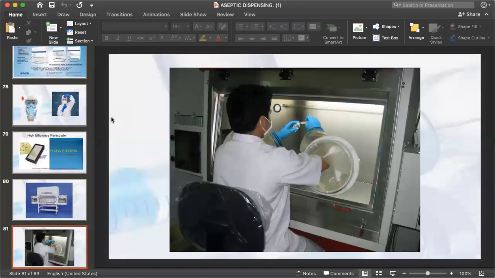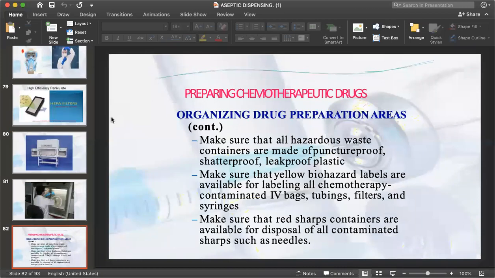See how aseptically the person is going to reconstitute the drug. They must follow these conditions. Further, make sure that all hazardous waste containers are made of puncture-proof, shatter-proof, leak-proof plastics, so that they may not be punctured.